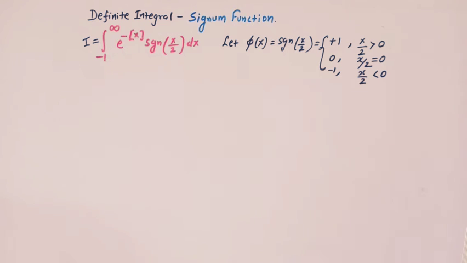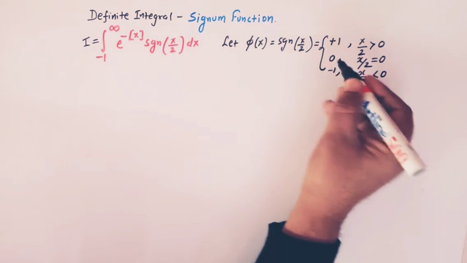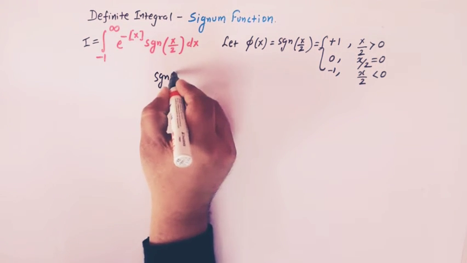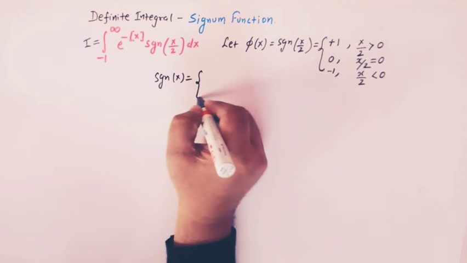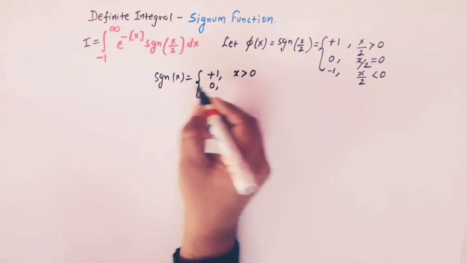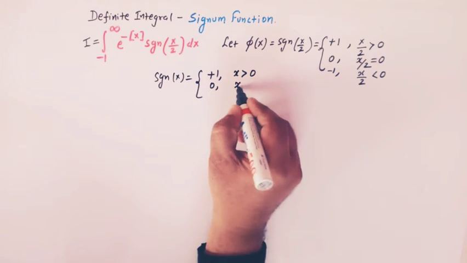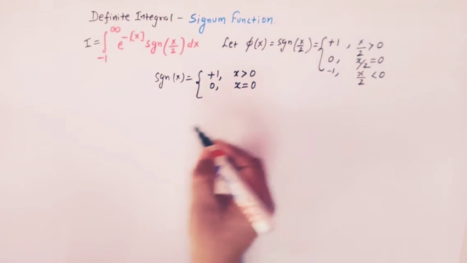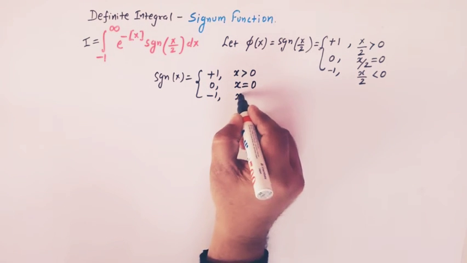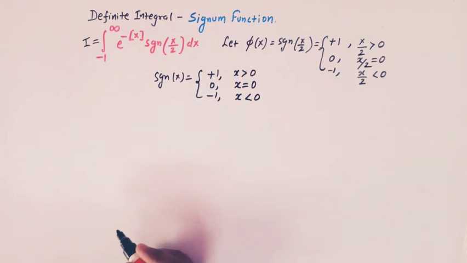This we have taken from the definition of the signum function, because signum of x is equal to plus 1 when x is greater than 0, equal to 0 whenever x is equal to 0, and equal to minus 1 whenever x is less than 0.